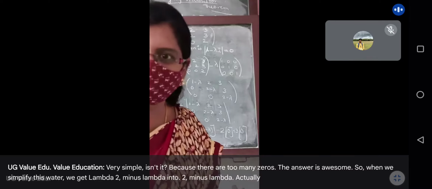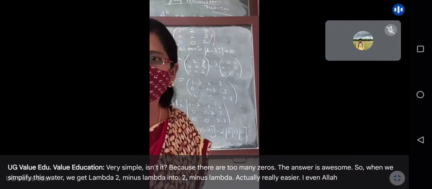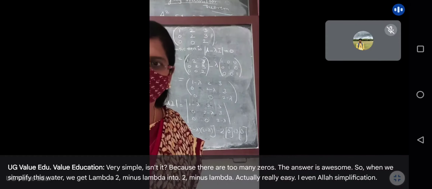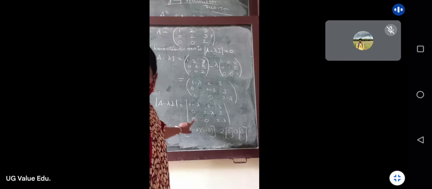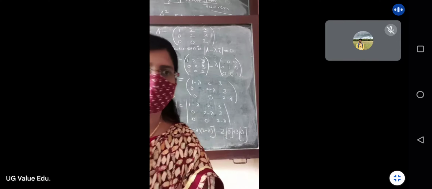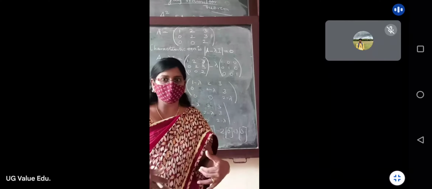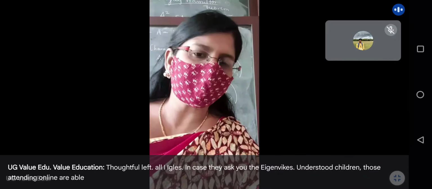Actually, here it is easy to find the eigenvalues, so there is no need to simplify. The characteristic equation is determinant of A minus lambda I equal to 0. For eigenvalues, we solve the characteristic equation. But you don't need to solve here. This into this equal to 0 means lambda is 1, lambda is 1, another lambda is 3. That's all. It's not necessary to form the equation; directly you can write the eigenvalues in case they ask you the eigenvalues. Understood, children? Those attending online are able to follow what I'm saying?